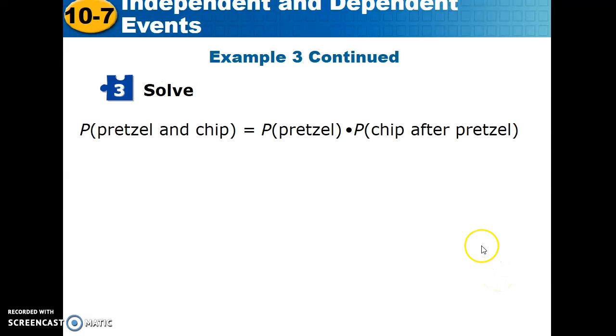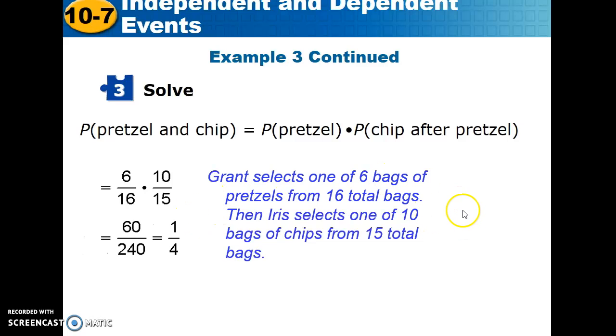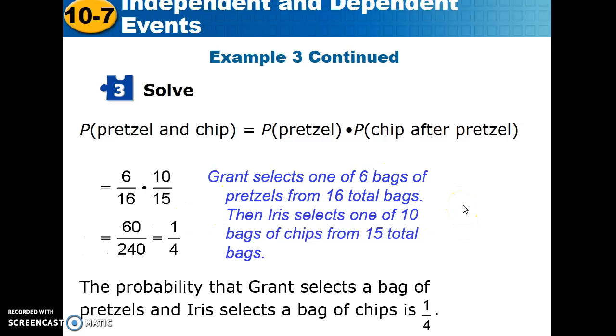The events are dependent. So here's what we're looking at mathematically. The probability of pretzel and chip. We write it the probability of pretzel multiplied by the probability of chip after choosing a pretzel. 6 bags of pretzels from 16. Iris selects one of 10 bags of chips from 15. So we can see the 2 probabilities. We multiply those together and we get a 1 out of 4 probability.